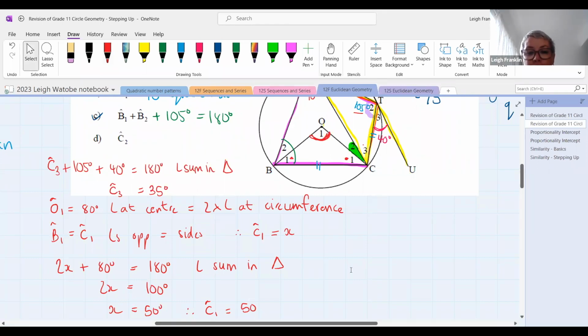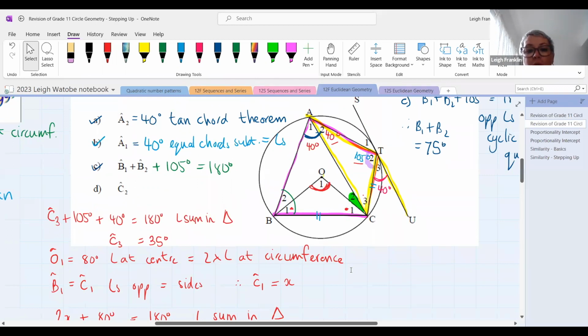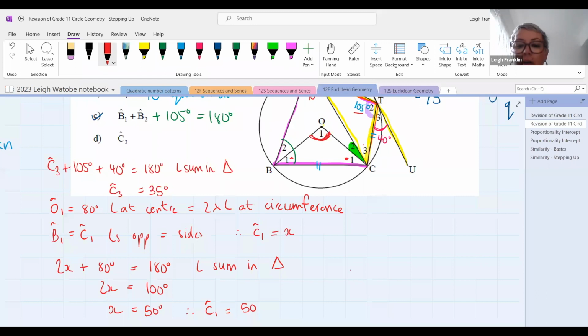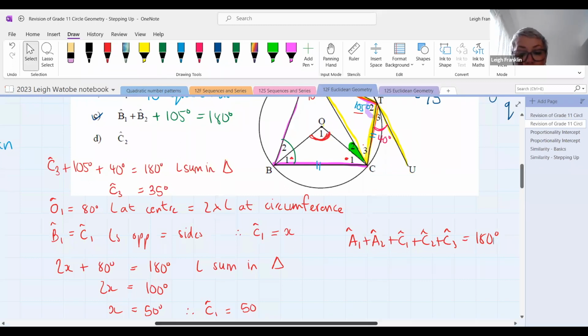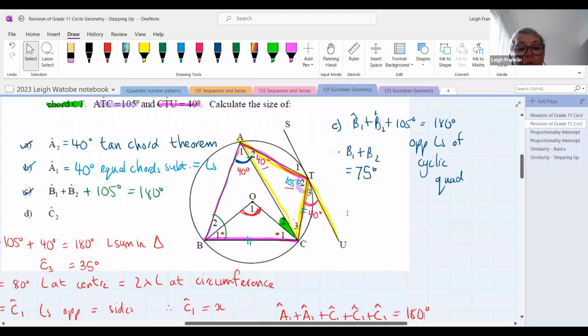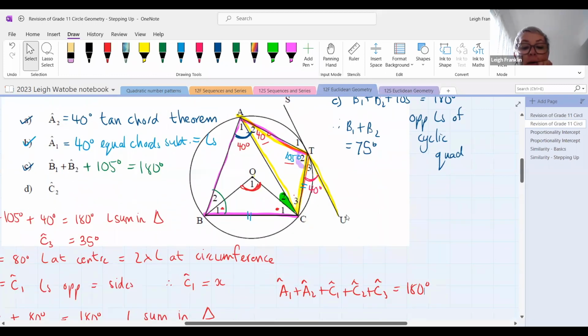So now we know that angle A1 plus A2 is 80. So angle A1 plus A2 plus angle C1, C2, and C3 have to add up to 180 degrees. The reason for this is they are opposite angles of a cyclic quad, like William pointed out for us earlier.